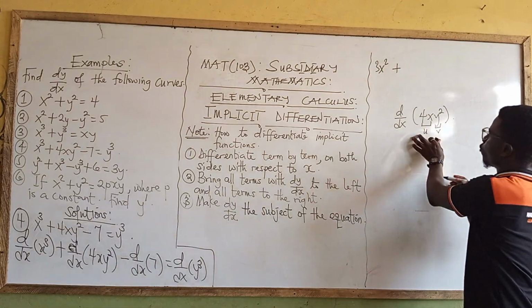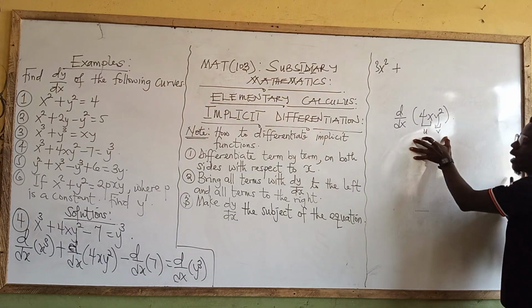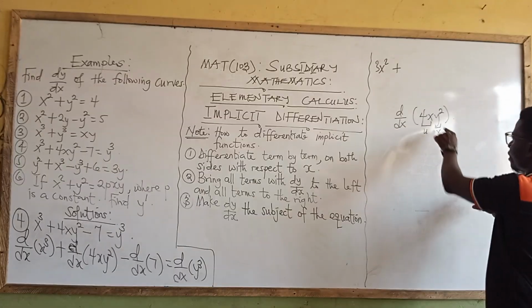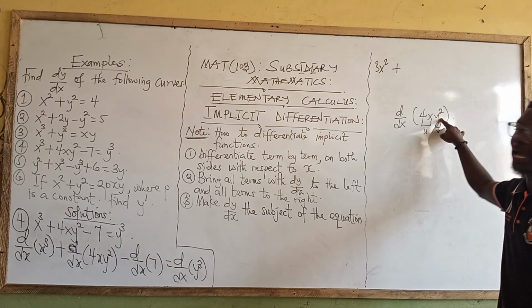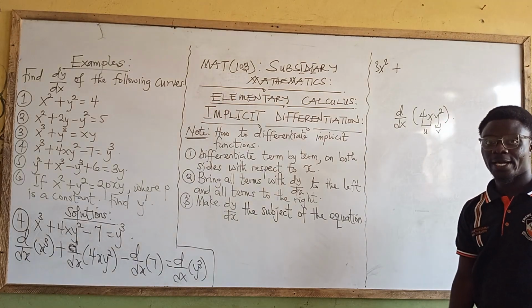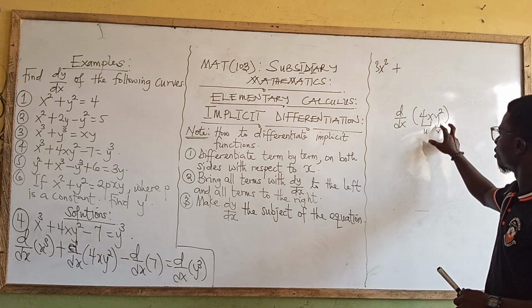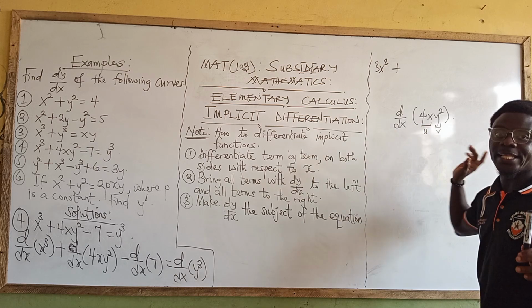So we have to use the product rule, because y is a function of x. If it was an explicit function, y squared would be a constant, so we would just differentiate the x and move on.